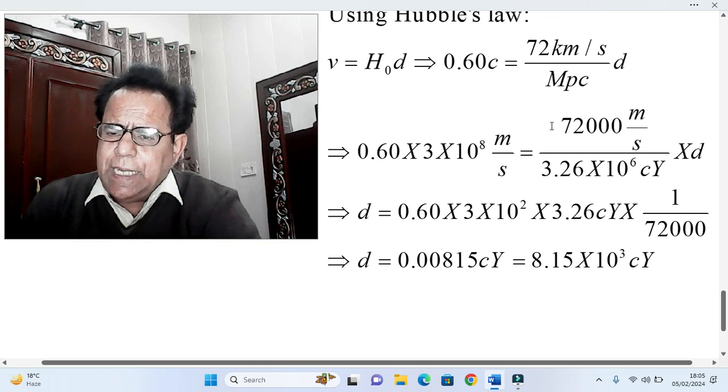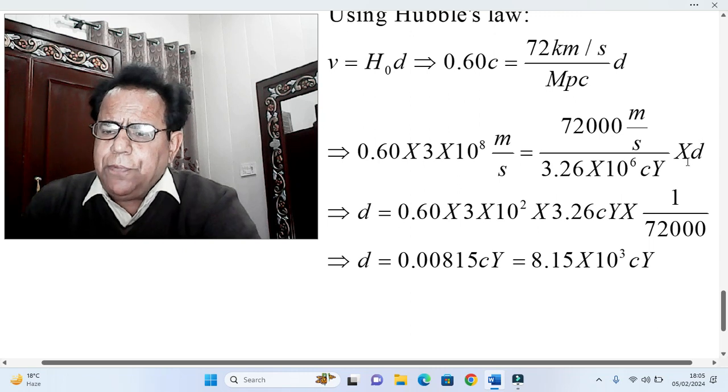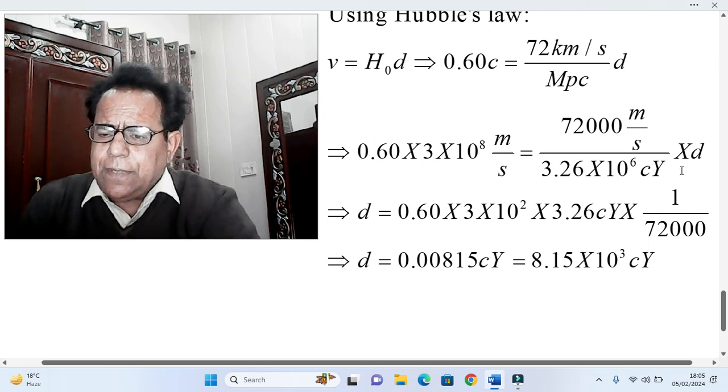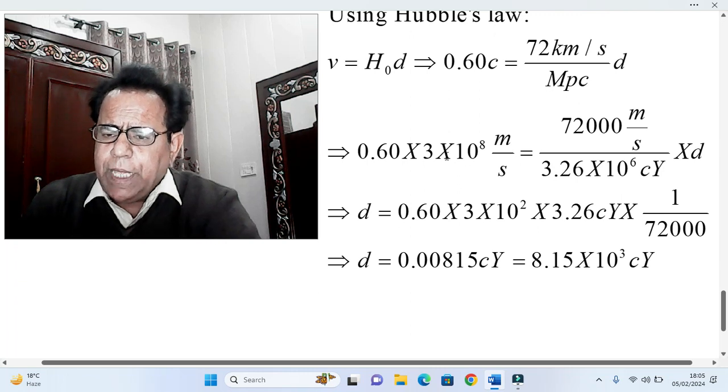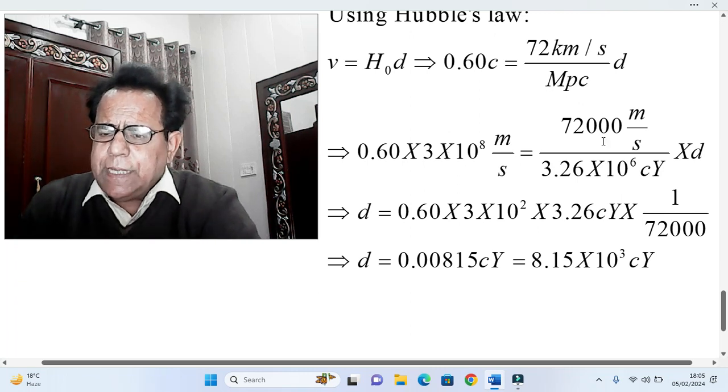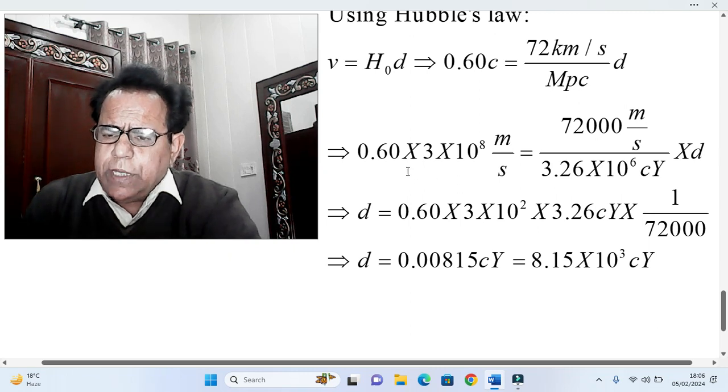Here we are dealing with megaparsec, so 10 raised to the power 6 will also become here. And d we have yet to determine. In the next step we have kept d on one side. By keeping d on one side, this figure in the denominator will be multiplied with this, and similarly this figure will be divided on this.